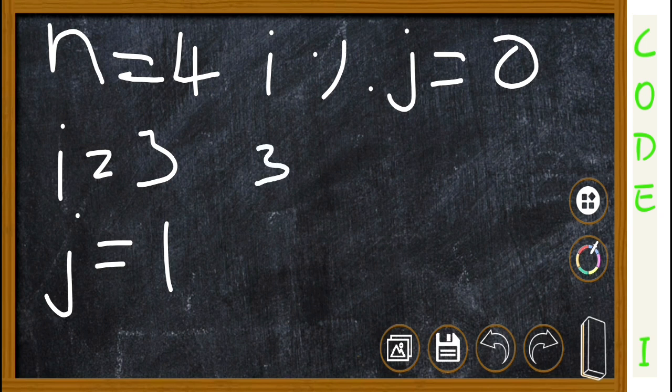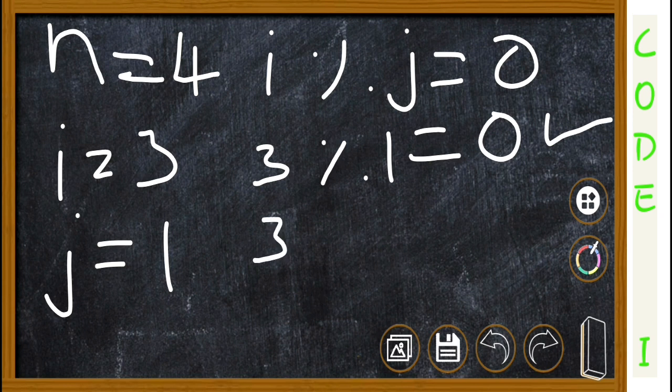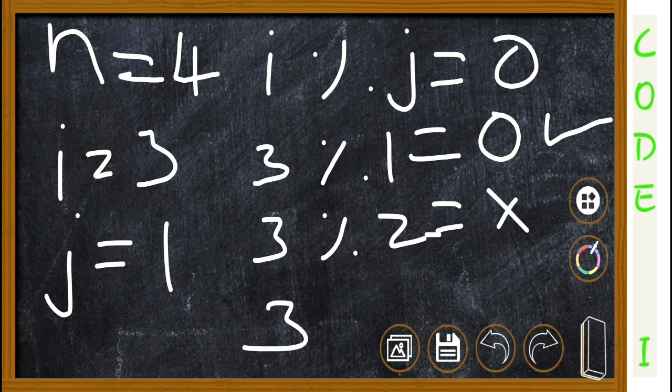So i is 3, j starts from 1, remainder is 0, condition is correct, and i is 3, j becomes 2, the remainder doesn't become 0, and i is 3, j becomes 3 and remainder is 0. Now the divisor equals to 2 and 3 is a prime number.